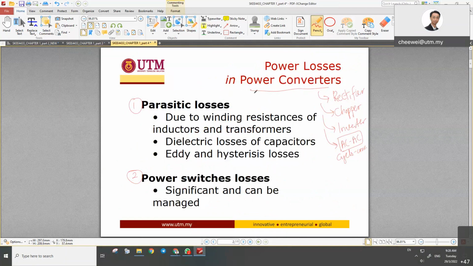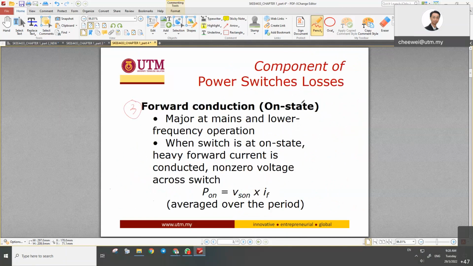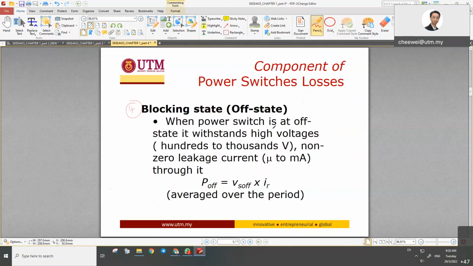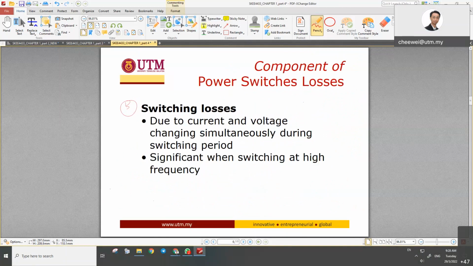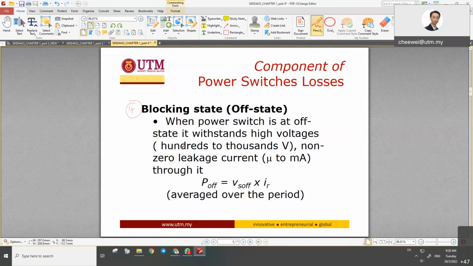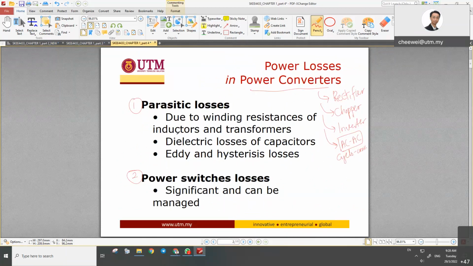Let's go through again. You have parasitic losses. You have power switches losses: forward conduction, which is the on state loss, then the blocking state loss, which is the off state loss, and finally the switching loss. So there are 5 loss categories here. Let's go one by one. What do you mean by parasitic?